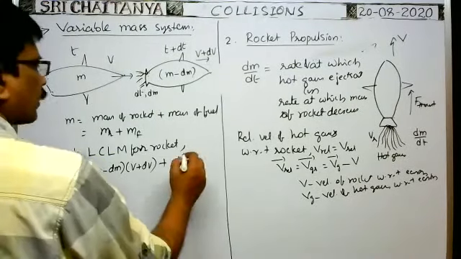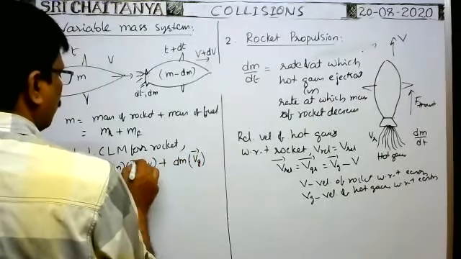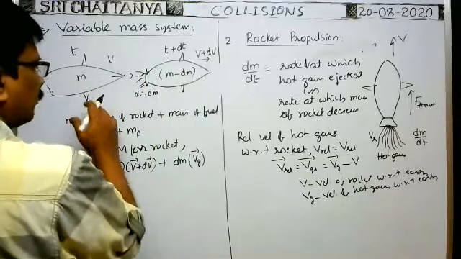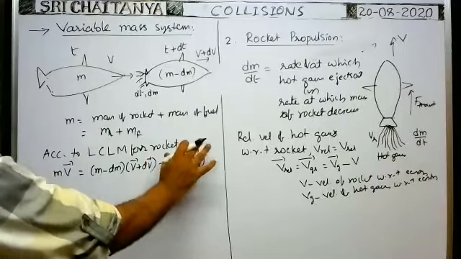You write vz bar here, and v bar, dv bar, like this, first, because vz is in the opposite direction, whereas v is in the forward direction. That's why you write it in general like this.